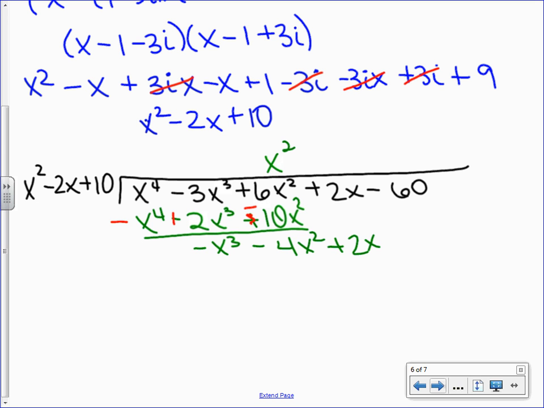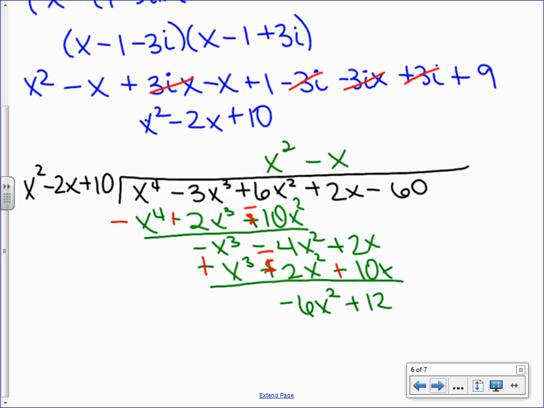So, x squared times what is negative x cubed? Negative x. Good. So we have negative x cubed plus 2x squared minus 10x. And we're going to subtract. Alright, what are we left with? Plus 12x minus 60. Now this better divide evenly. That was the whole point.